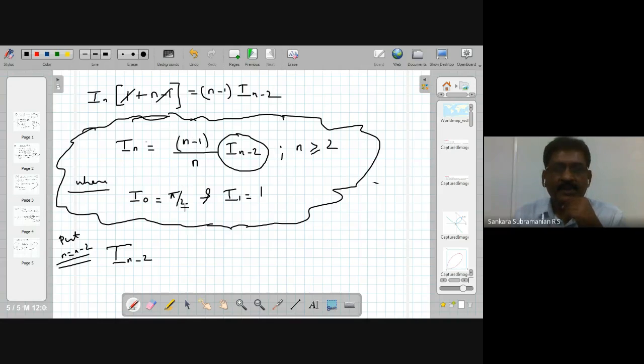So what happened? You get, n equal to n minus 2 போட்டோம்னா, n minus 2 minus 1 by n minus 2. If we put n equal to n minus 2, I will be getting n minus 2 minus 1 by n minus 2. And இது என்ன ஆகும்? n equal to n minus 2 minus 2. What do you get?